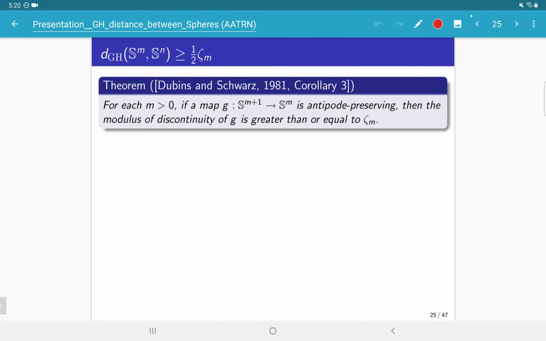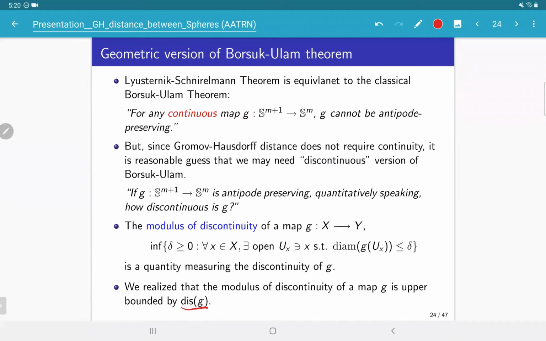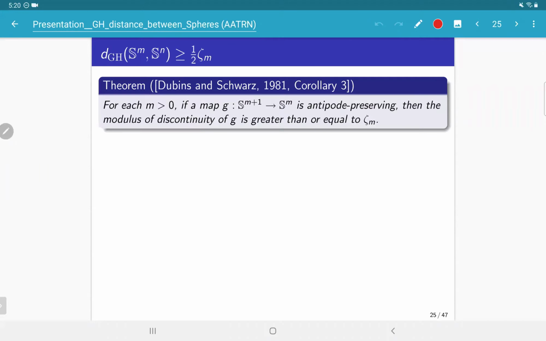And therefore, by the previous observation, the distortion of G must also be greater than or equal to zeta sub m in this case. By the way, there is a more succinct proof of this theorem than the original proof by Dubins and Schwarz, and the strategy is hinted at in Matoušek's book. And we have a separate appendix explaining that proof in the paper on arXiv.